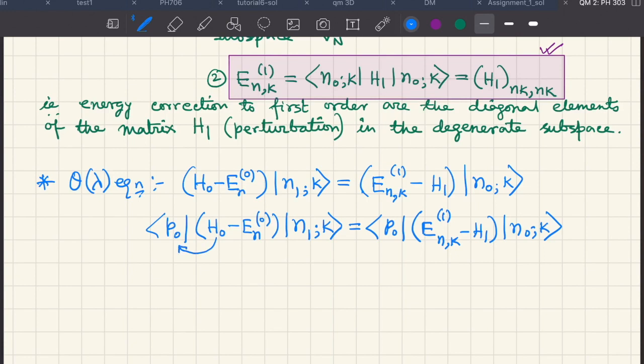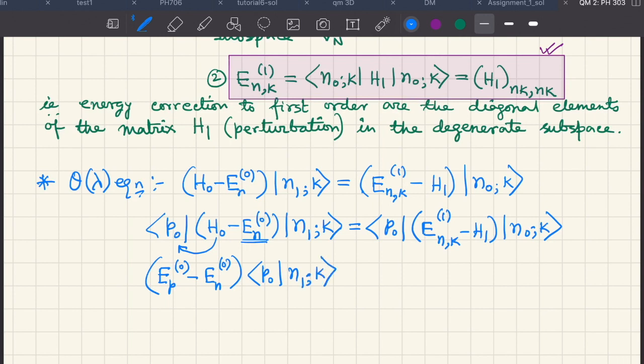acting on this state P naught, which is non-degenerate, will give you the value E P naught. And then this will already be there, so we will have E n naught also, and then we will have the inner product ⟨P^0|n^1;k⟩.